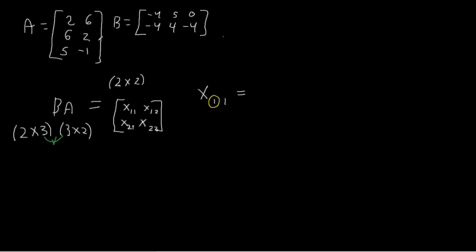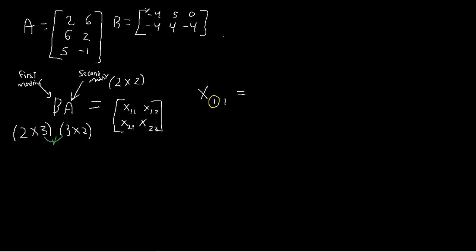Let me make a note here. This is our first matrix. This is our second matrix. All right, so x subscript 1, 1 says grab the first row of the first matrix.